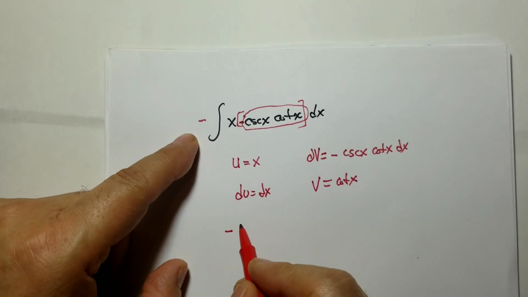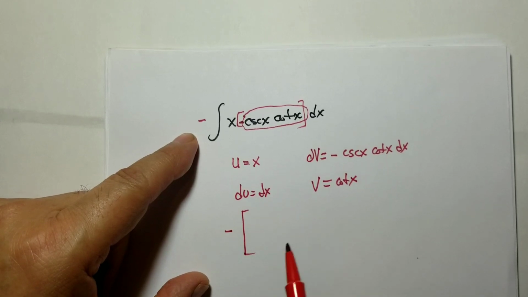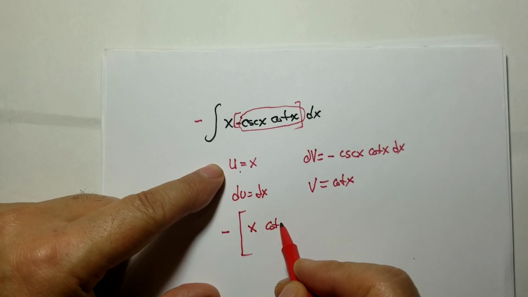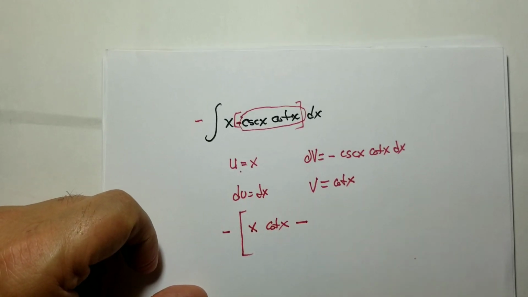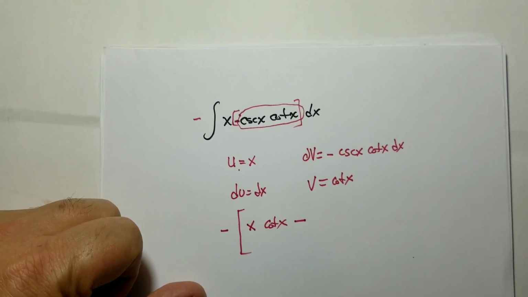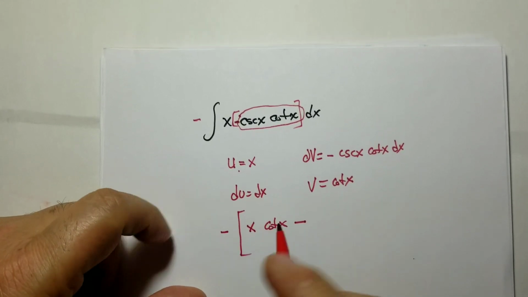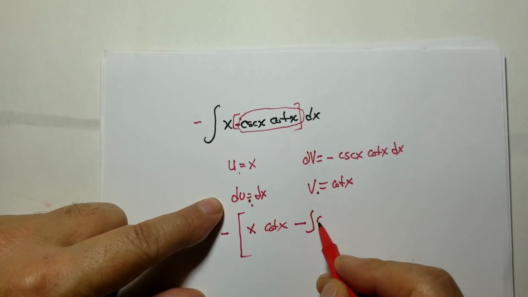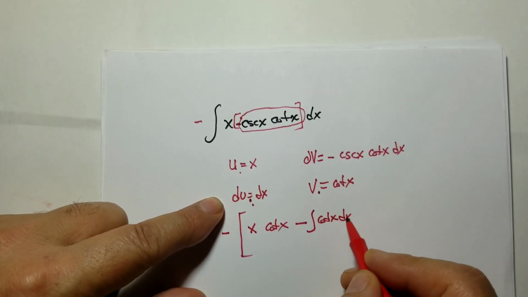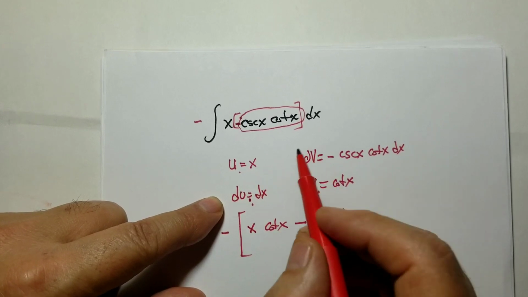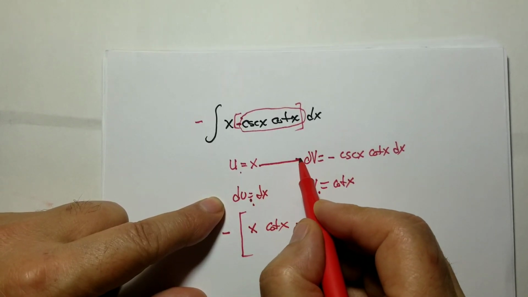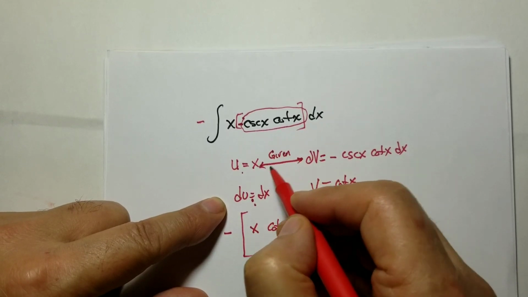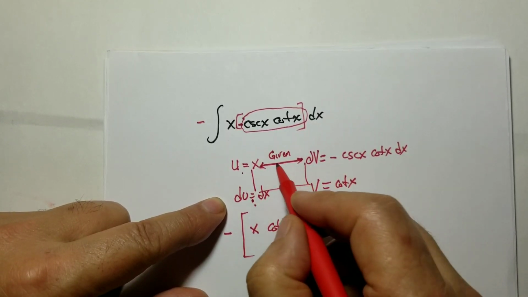Then your answer is negative, bracket, uv, x cotangent of x, minus v du, minus cotangent of x dx. Remember, what they give you is the top part or the top side of the rectangle. That side is given.